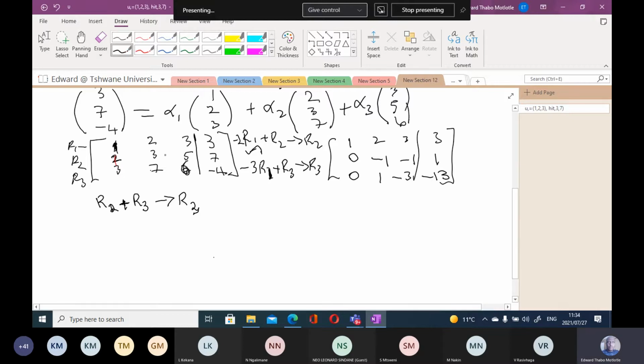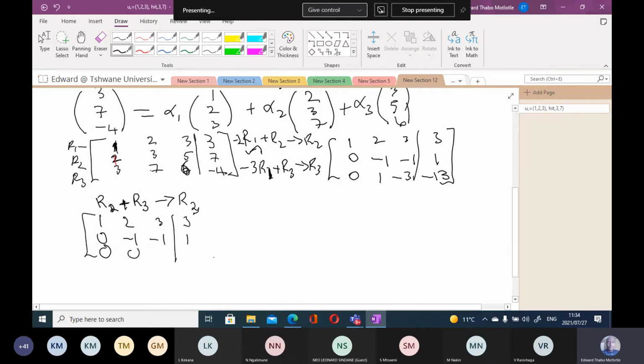Okay, let me complete it, then we can argue after completing so that you'll be seeing what I've done. Okay, so let's say this is 1, 2, 3, and 3. So here we have 0, -1, -1, and 1. So I said we are doing this operation 2 plus 3. The aim is to get rid of this 1 here. So we end up with 0.